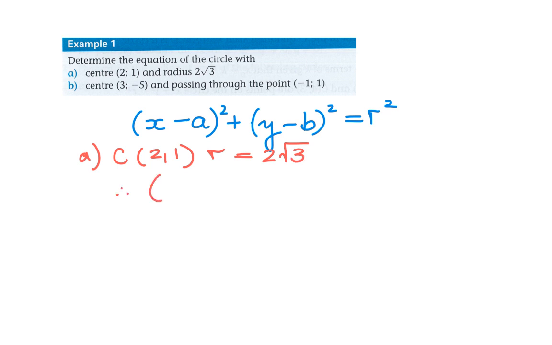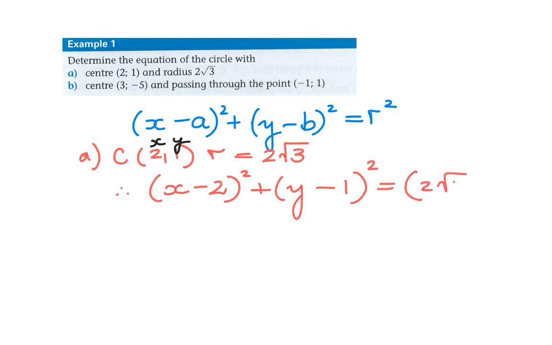Therefore, my equation will be x minus the x coordinate of the center squared plus y minus the y coordinate of the center squared equals the value of r squared.